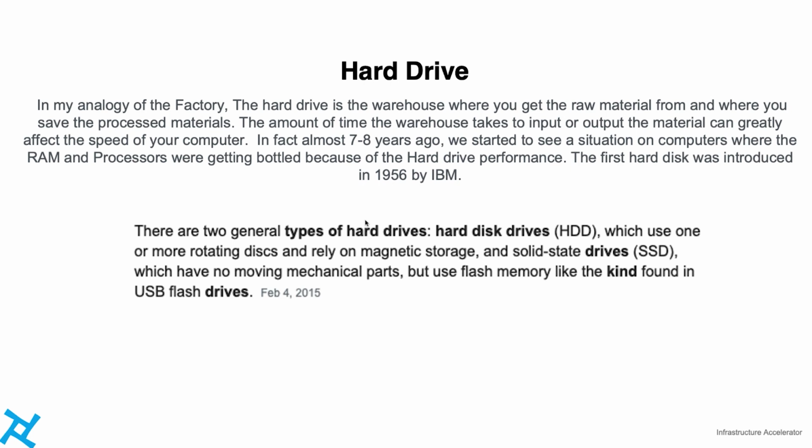So that's what I'm saying, that earlier processors and RAMs were not that powerful, but now in the last 7 to 8 years there has been a lot of development in terms of processors and RAMs, and the hard drives actually lagged behind a bit. And we have started to see this for the past 5, 6, 7 years, that on a lot of computers the processor and RAM are top notch because people know about them.